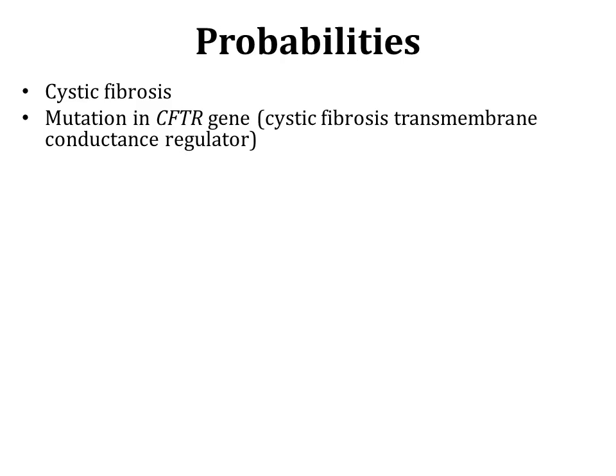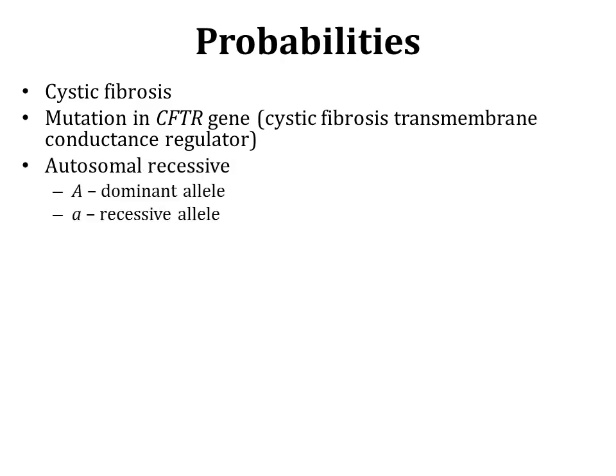So mutation in this gene causes cystic fibrosis, and the inheritance pattern of this disease is autosomal recessive; it is inherited in humans in an autosomal recessive fashion. There are two alleles for a specific mutation, the dominant allele and the recessive allele, because the pattern of inheritance is autosomal recessive, and this is a biallelic trait.